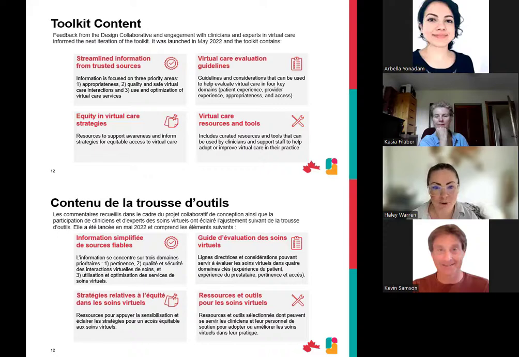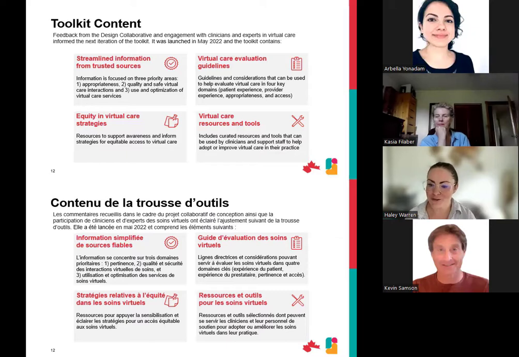Some guidance for virtual care evaluation for folks to really evaluate and consider how they're going to address that in virtual care across 4 main domains: patient experience, provider experience, appropriateness and access, as well as equity strategies in virtual care, and that original repository of virtual care tools and resources for anyone who has time to do a very, very deep dive into all the original resources.